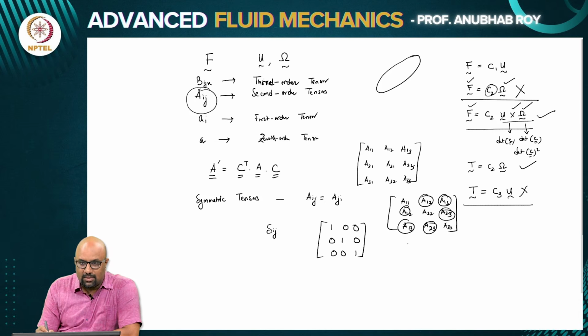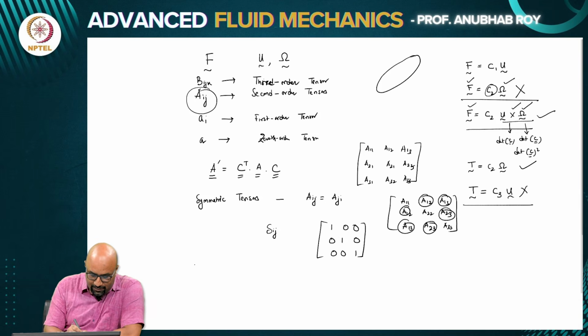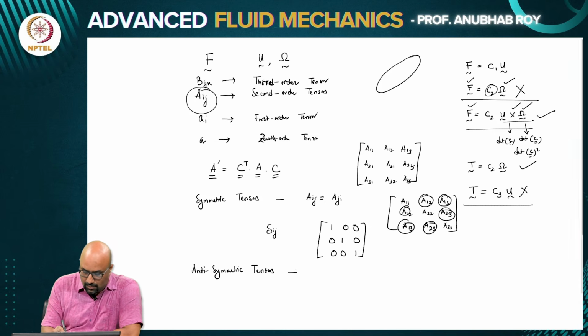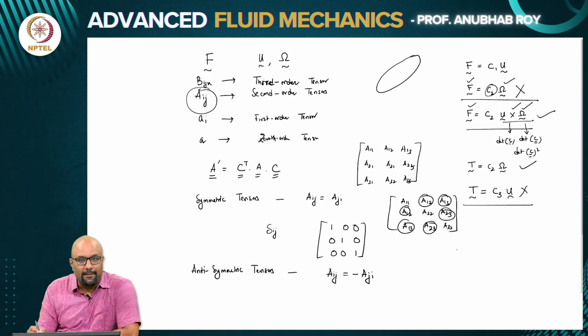Now, similar to symmetric matrices, you can also have anti-symmetric tensors. Anti-symmetric tensors are tensors where aij is equal to minus aji.